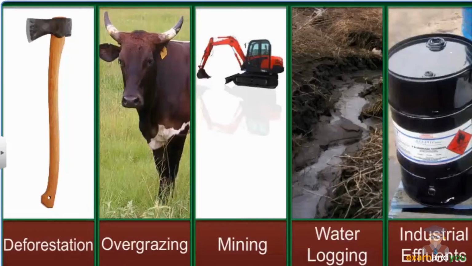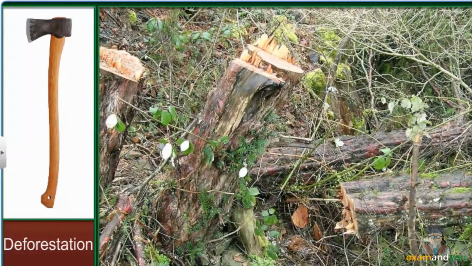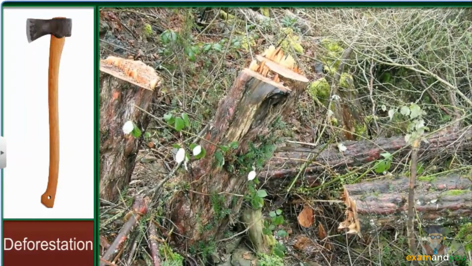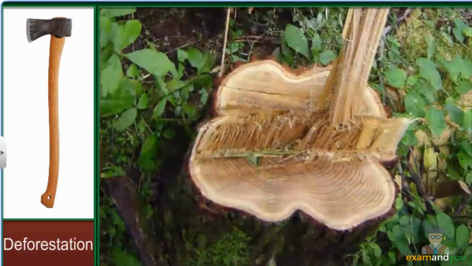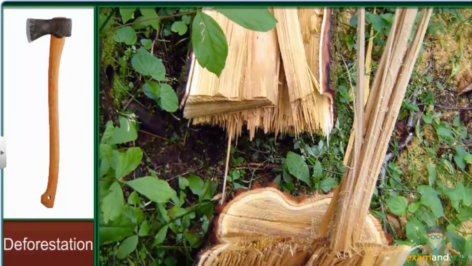Here are the main factors contributing to land degradation in India. Deforestation removes the green cover required to protect land from soil erosion by wind and water, and thus contributes to land degradation.